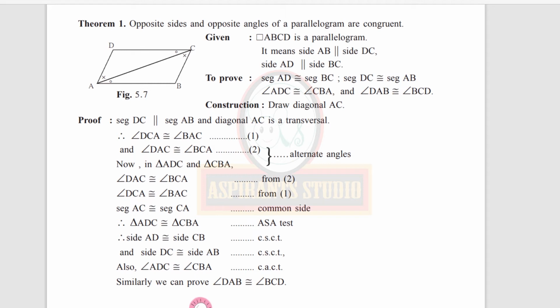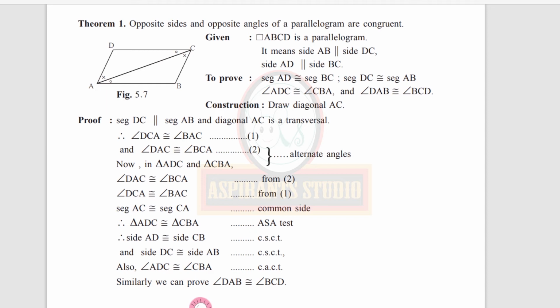See, vertex A is corresponding to vertex C, vertex D is corresponding to vertex B, and vertex C is corresponding to vertex A. Because if you cut these two triangles along AC, you will get two triangles and try to overlap them.